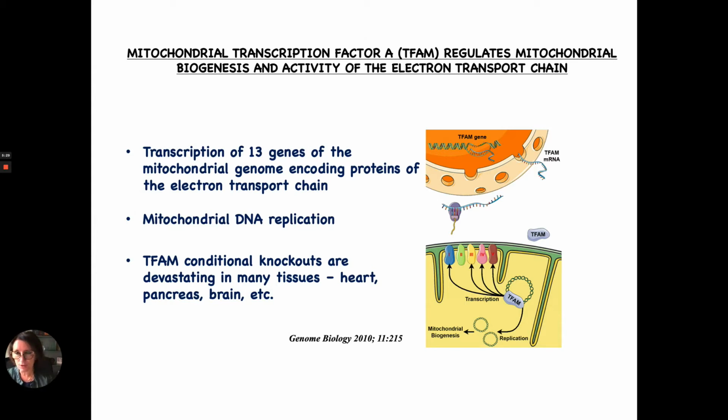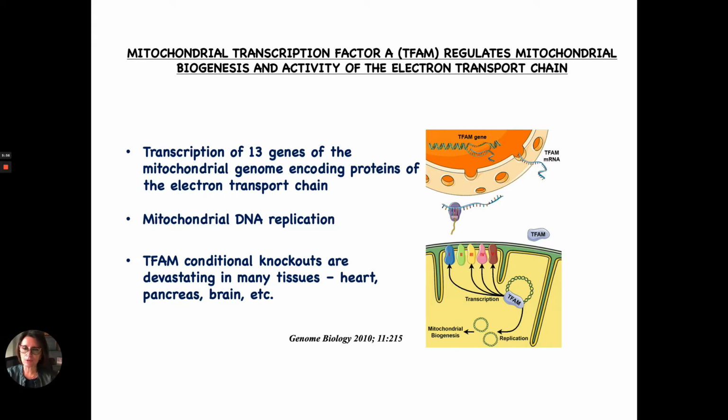TFAM is not a direct target of HIF-1, but regulates mitochondrial biogenesis and activity of the electron transport chain. In particular, it regulates transcription of those 13 genes of the mitochondrial genome that encode proteins of the electron transport chain. The other subunits are encoded by the nuclear genome. TFAM also regulates mitochondrial DNA replication.